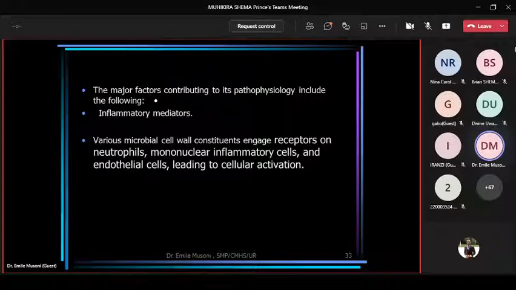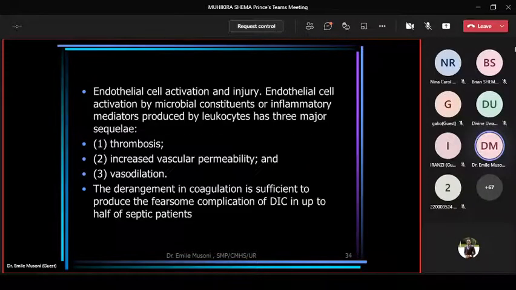In the case of sepsis, there will also be endothelial cell activation, as we have seen last time in inflammation.